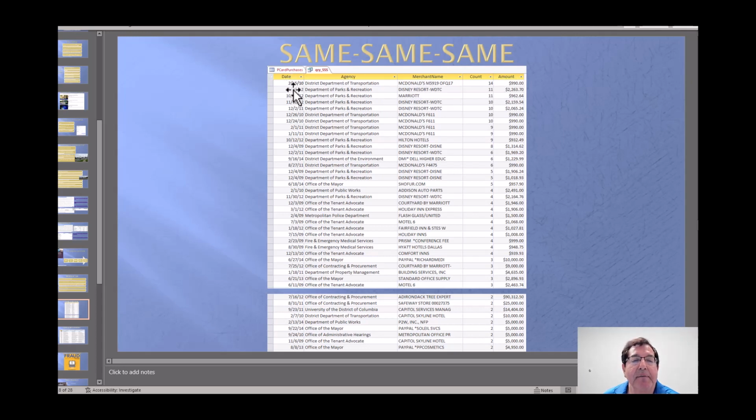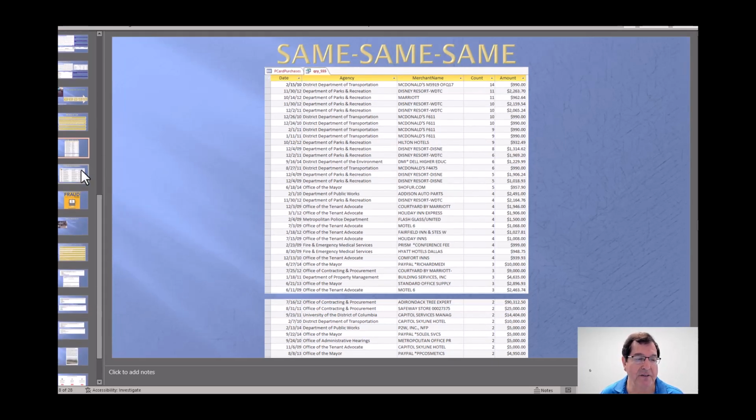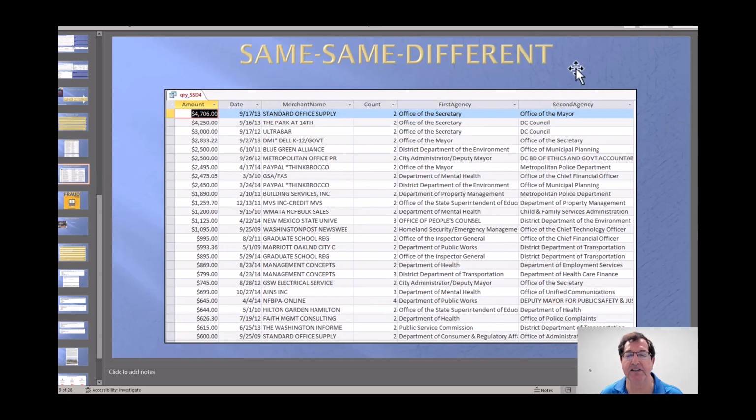Here we go, same date, same agency, same merchant, 11 times, 2,200. And again, there's a write-up in the chapter. I think you can look through it. These are cases where we have lots of abnormal duplications.